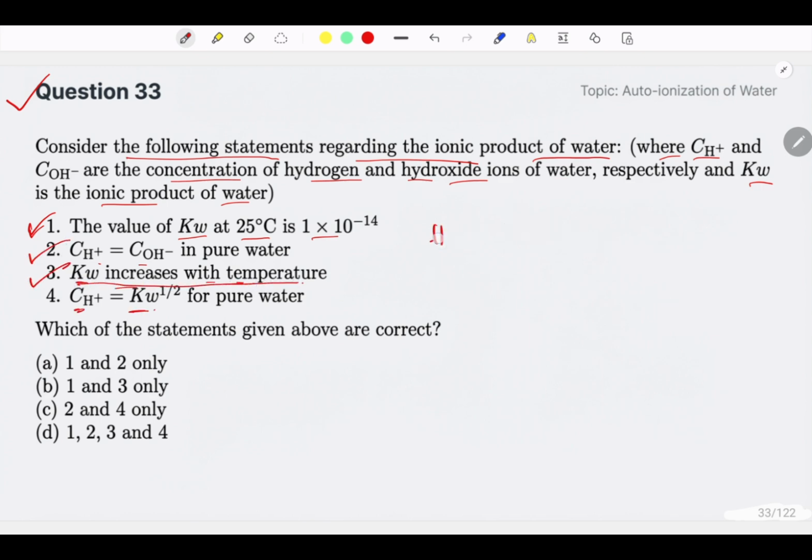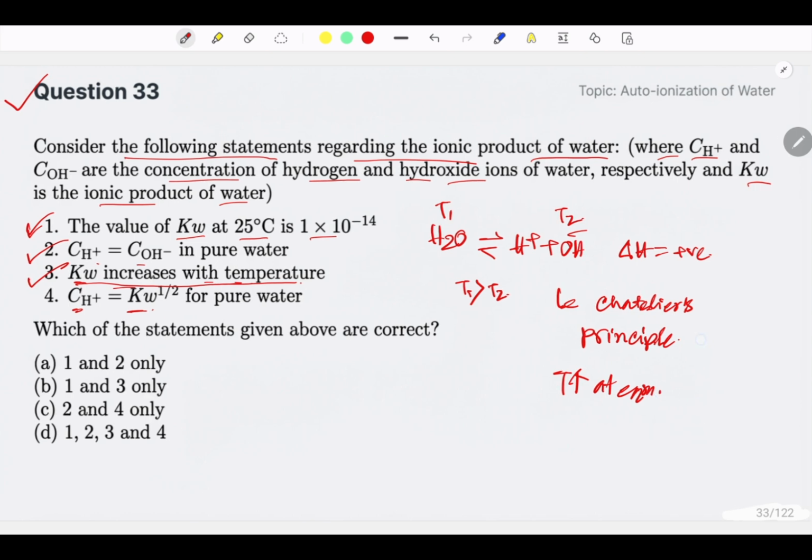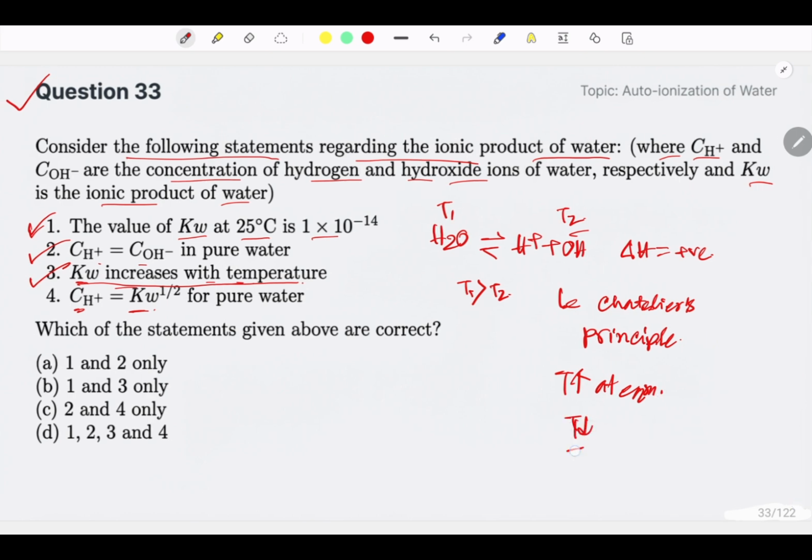Kw increases with temperature. This is the autoionization process of H2O into H plus plus OH minus, and it is an endothermic process. So according to Le Chatelier's principle, if we increase the temperature at equilibrium, the reaction will shift to the direction where the temperature will decrease.